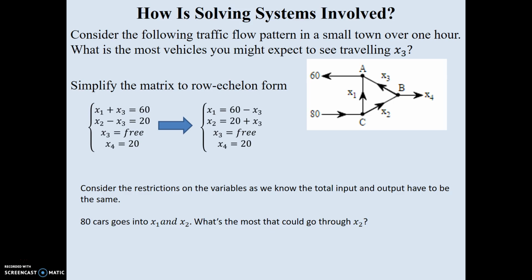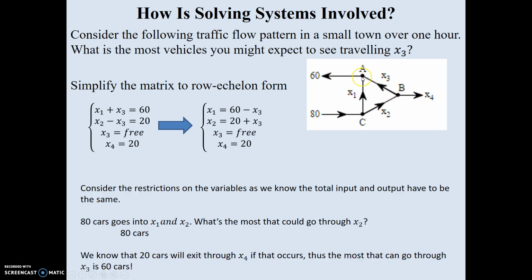So it could be that I send all 80 cars through x2. And if I do that, then I have to think about, well, what happens when I get to junction B? 20 automatically have to go to x4. That's what this tells me. And then the rest will go through x3, which means that if all 80 went through x2, 60 cars would have to go through x3, and that would mean 0 cars went through x1.